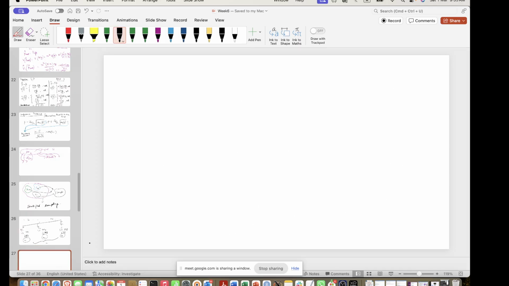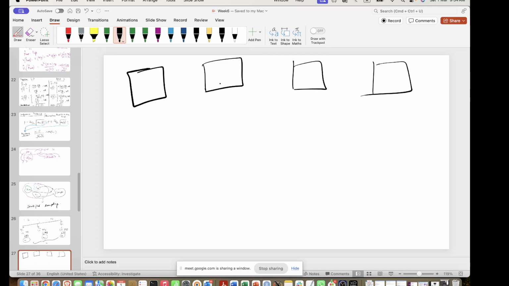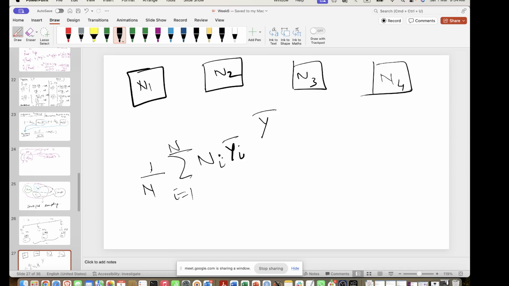Let's say I have these boxes which are my strata: n1, n2, n3, n4, and I want to estimate capital Y bar. That would imply 1 by n summation i equal to 1 to n of yi bar.